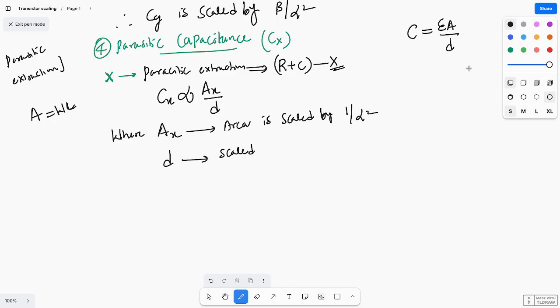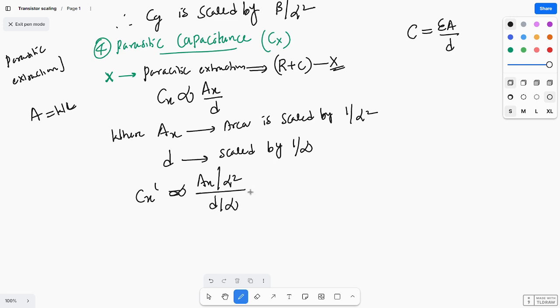And D, this is the distance. Suppose two different wires are there. What is the distance between two wires? This distance is scaled by 1 by alpha. So you can write Cx dash is proportional to A by alpha square divided by D by alpha.